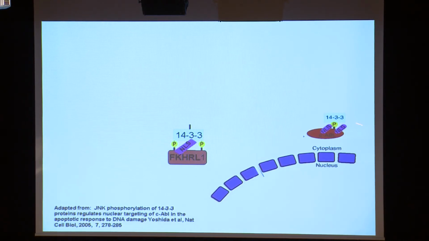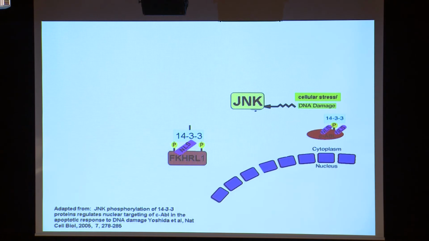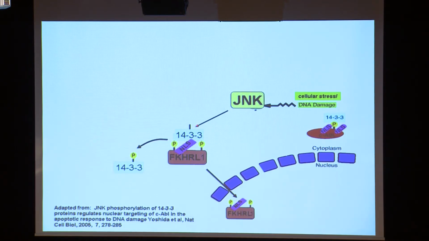Similarly, the c-Abl oncogene kinase also has nuclear localization signals and also binds to 14-3-3 and is localized in the cytosol. But again, in response to cell stress or DNA damage, a stress kinase is activated. It then phosphorylates 14-3-3, dissociates from the complex, and now the nuclear localization signal is unmasked and free, and so the nuclear localization signal on this protein binds to import proteins, and so it's imported back into the nucleus.